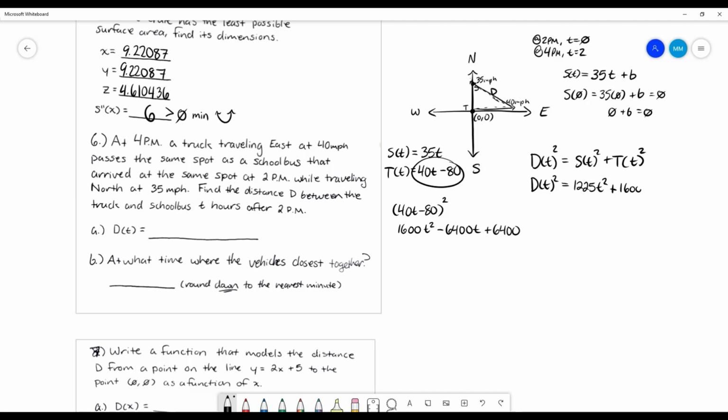So then that goes over here. These are some big numbers. Gonna erase this a little bit. Okay. Now combine like terms.